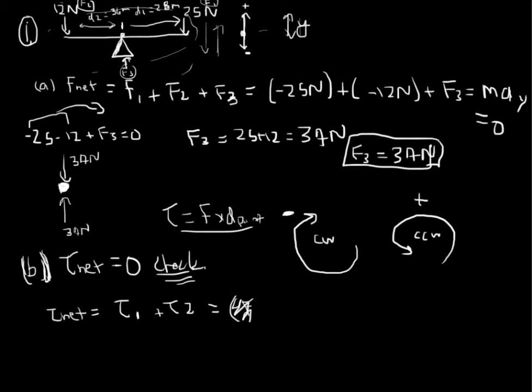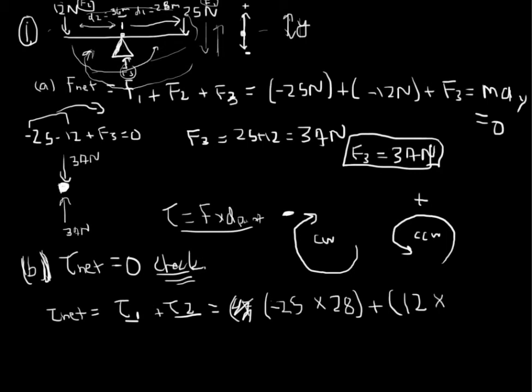So force 1 is causing a clockwise rotation, so that's going to be negative 25 times the distance this force is away from the fulcrum, which is 28 meters. Then you add plus, so that was tau 1, so plus tau 2. So it's 12 because it's causing a counterclockwise rotation, times d2, which is 36.